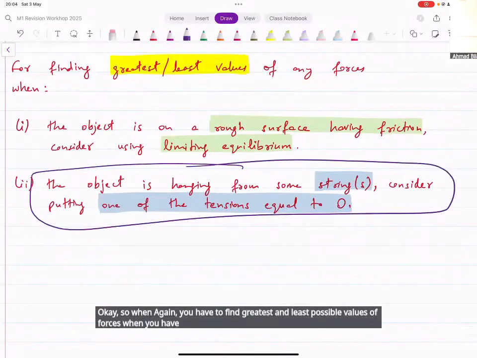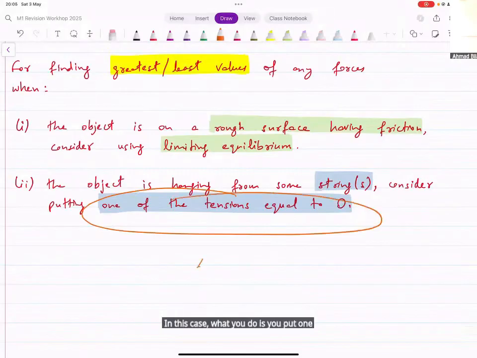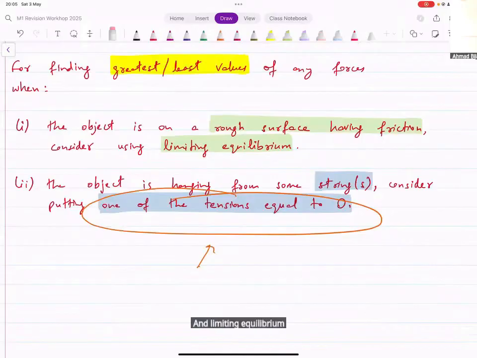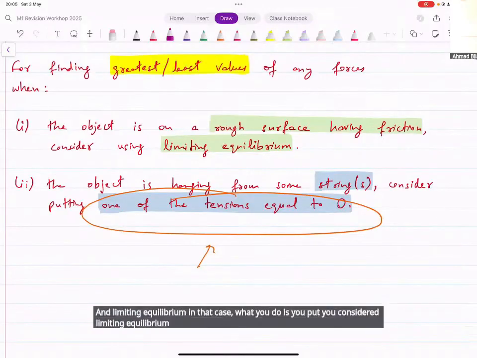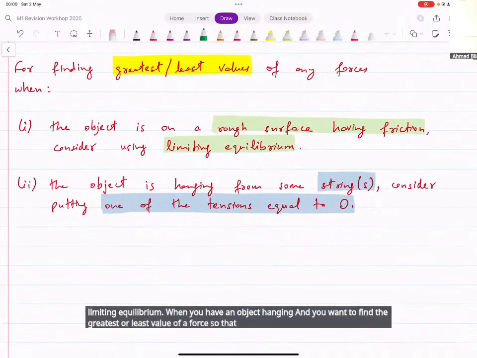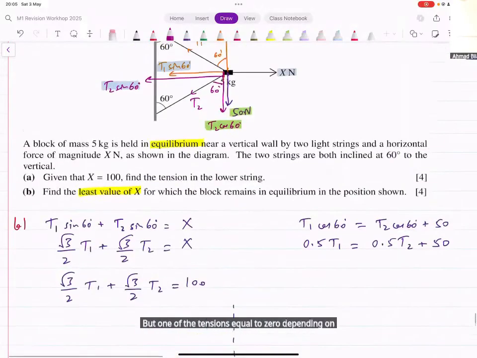So, again, when you have to find greatest and least possible values of forces when you have an object hanging from some strings, you put one of the tensions equal to 0, depending on which string will become slack.